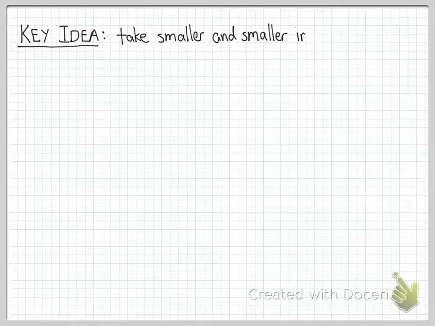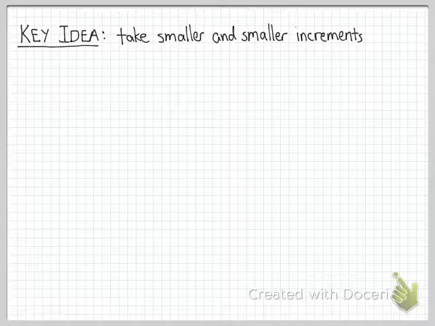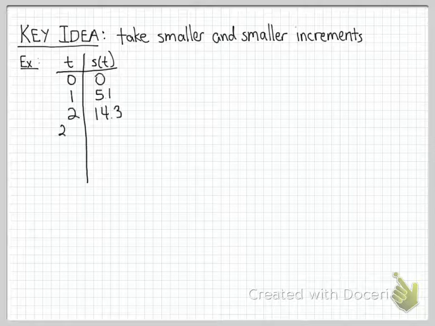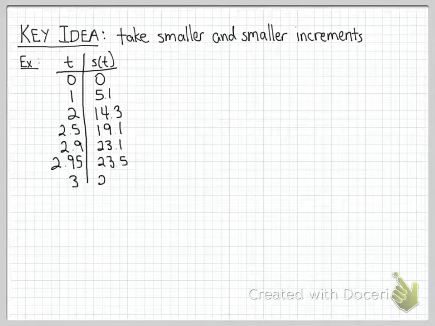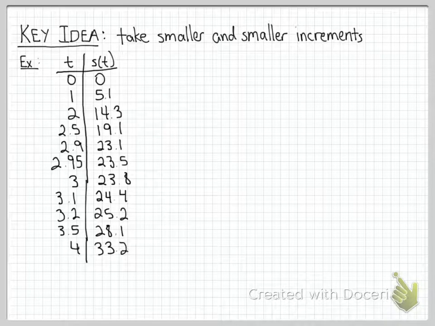The key idea is to know how fast I'm going at a particular moment in time, take smaller and smaller increments near that moment in time. So here's an example. Let's say an object is moving, and we've got this information about where it is at each time. So here I'm going to assume time is measured in seconds and distance, or position S is measured in meters.